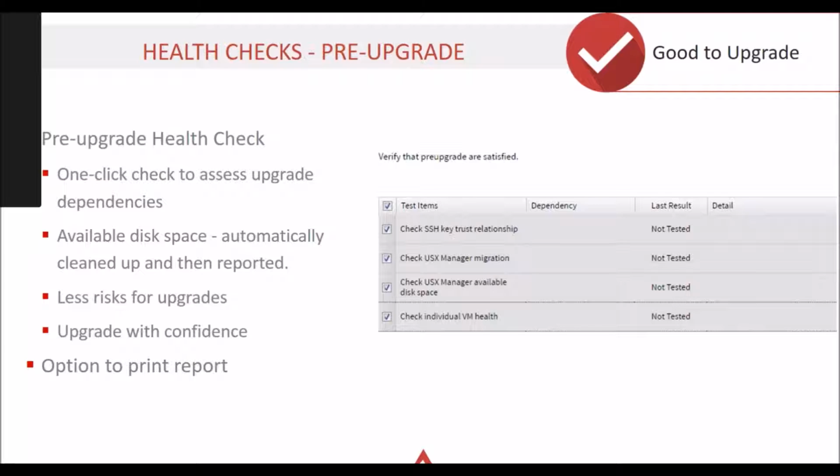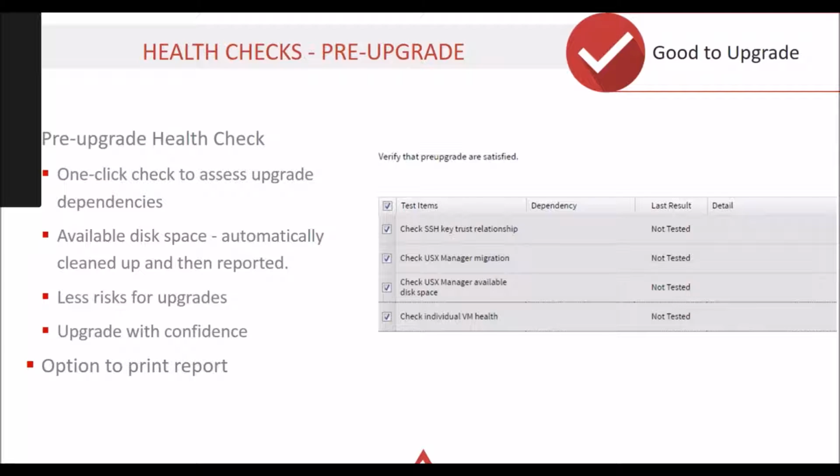So this is a great thing to use when you're deploying USX 3.5 and you want to upgrade your USX manager and the subsequent volumes that USX manager manages. It also gives you details: yes, it's capable of being upgraded and you can continue, or no, something's wrong, please check this particular item before you continue your upgrade.